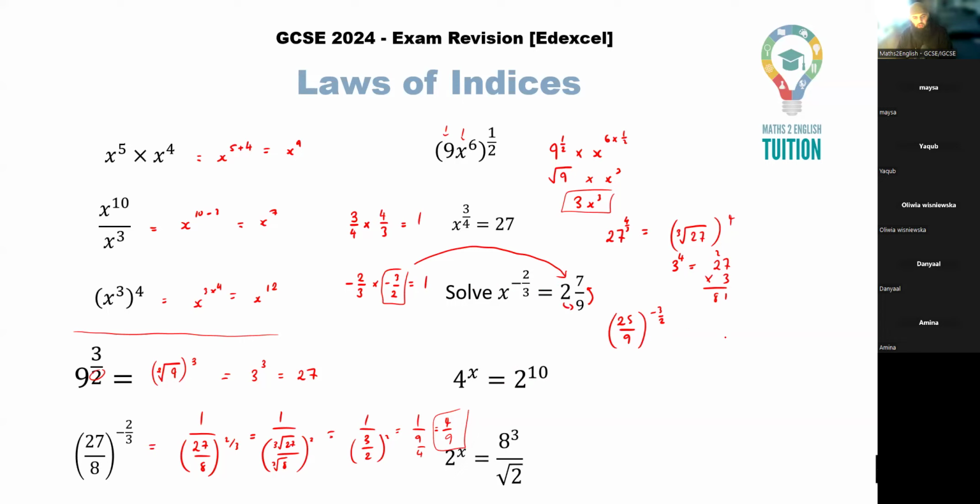So that's going to give us 1 over (25/9), all of that to the power of 3/2. Remember, the denominator of a fractional indice is a root. So what we have over here is 1 over the square root of 25 over the square root of 9.